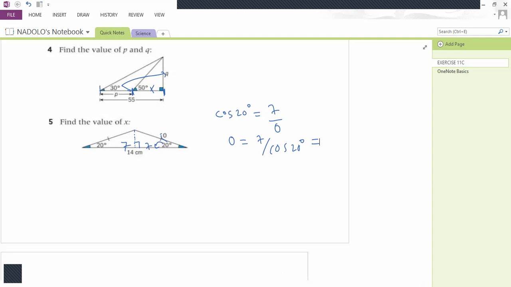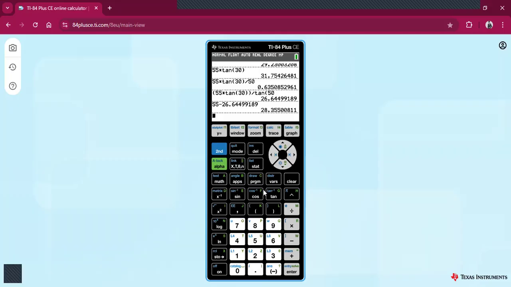Math is amazing. You should be doing math every time you get an opportunity. So 7 divided by cos 20 is 7.49449.